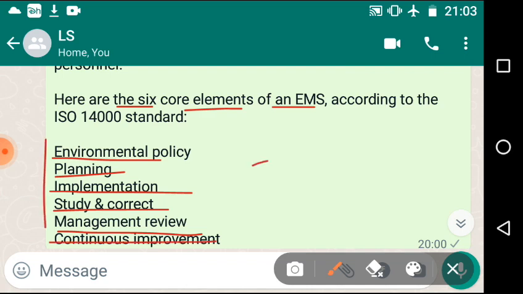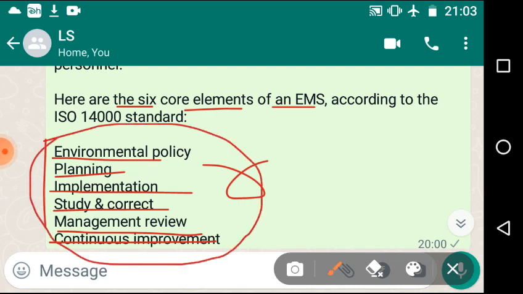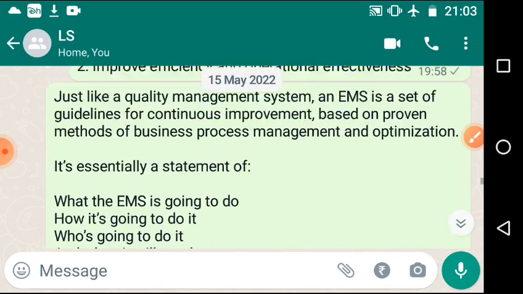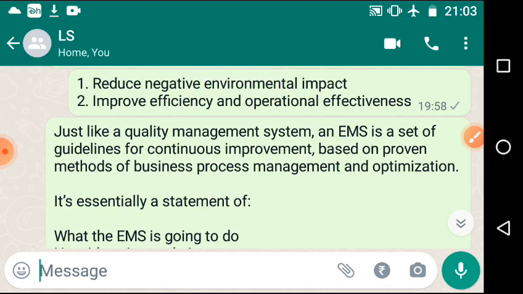Now there are 6 core elements of an EMS. The main elements of the EMS are: environmental policy, planning, implementation to put that plan into effect, study and correct, management review, and continuous improvement.